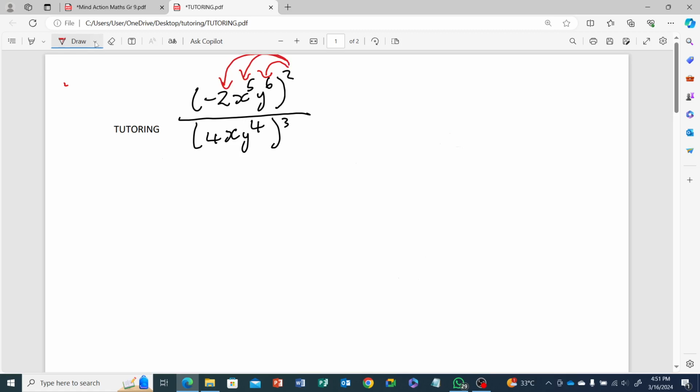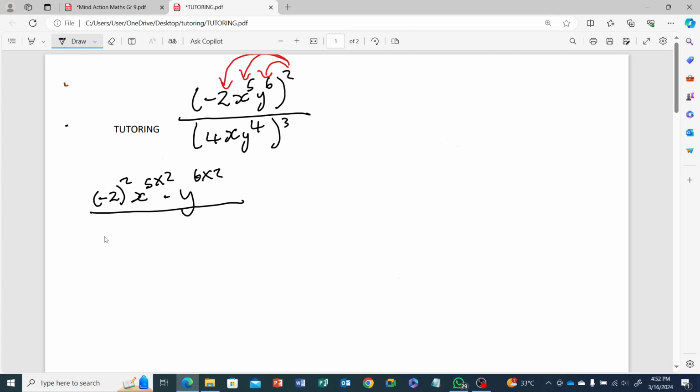So what we are going to have is a number that looks like this, negative 2 squared. Now, when you have a negative number, put it inside parentheses, okay, brackets, all right? X to the power of 5 times 2, y exponent 6 times 2.